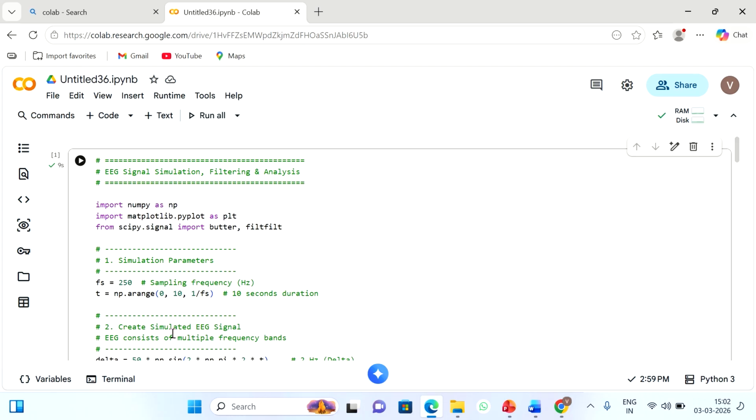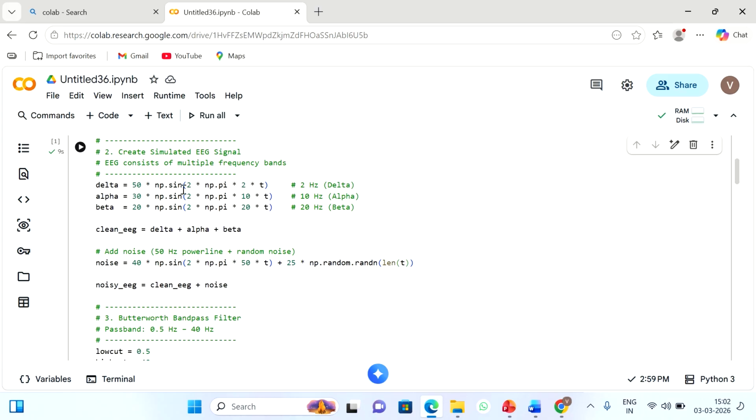Next, create the simulated EEG signal. EEG consists of multiple frequency bands: delta, alpha, beta, and theta also.